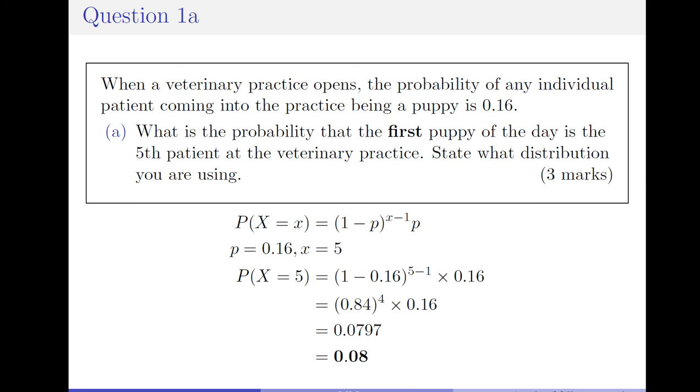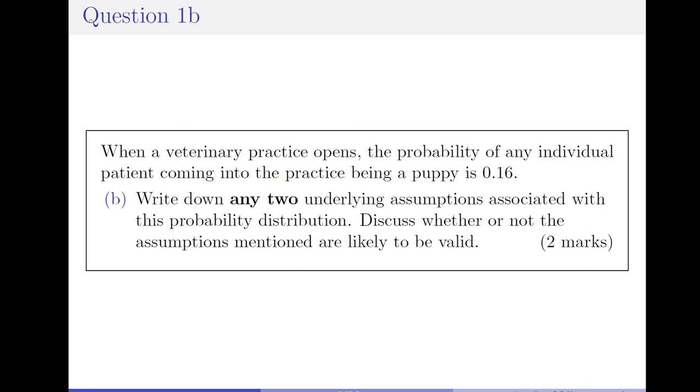Okay, moving on now. Question B. Write down any two underlying assumptions associated with this probability distribution. Discuss whether or not the assumptions mentioned are likely to be valid. So in this question, your assumptions must relate to the probability distribution chosen in 1a.